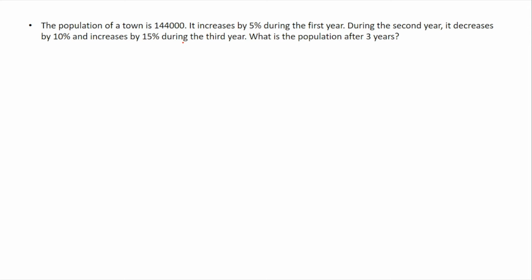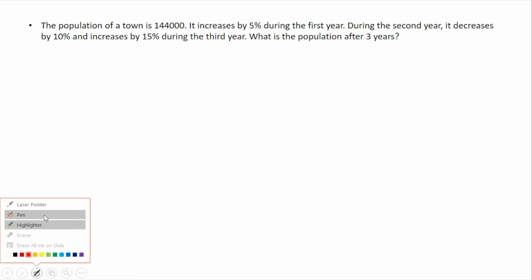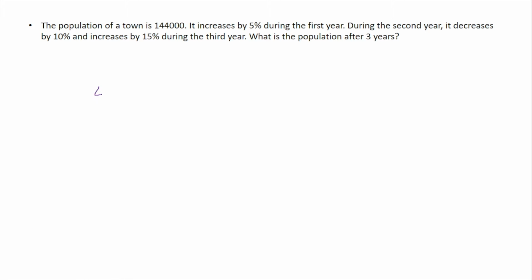So first year it increased by 5%. Second year, there was a decrease of 10%, and third year there was again an increase of 15%. So they are asking what will be the population after 3 years. Okay, so you know that initially the population of that village is how much?